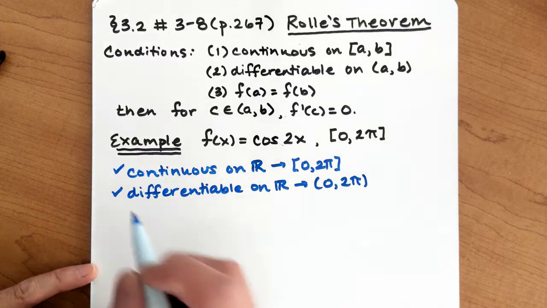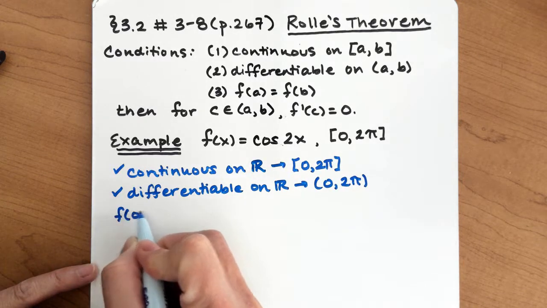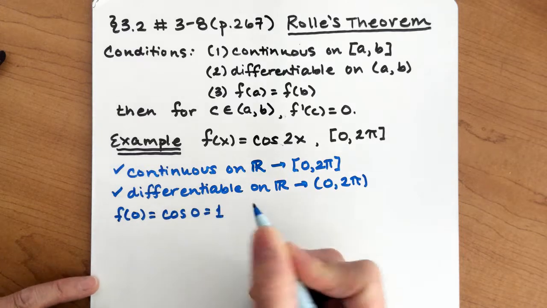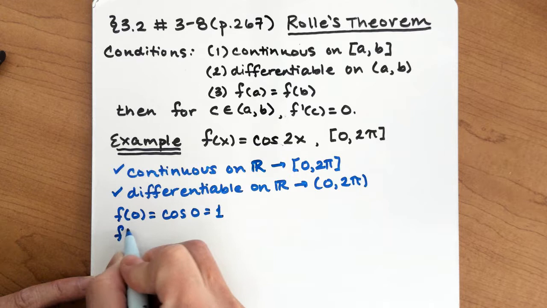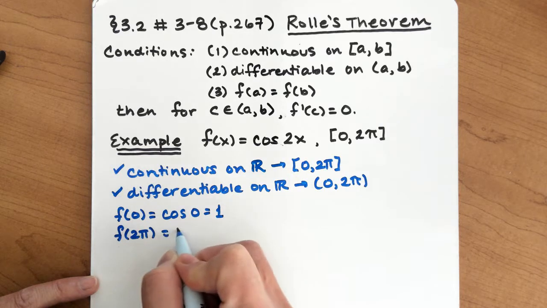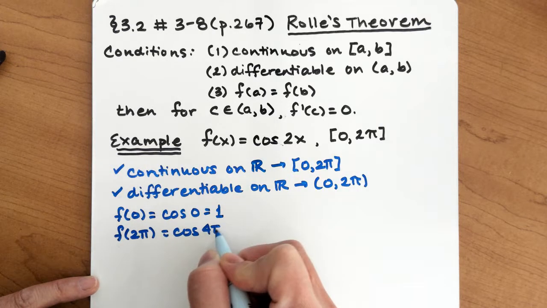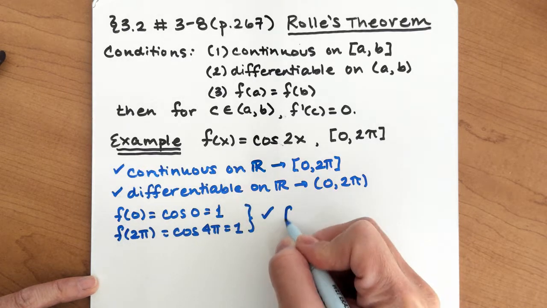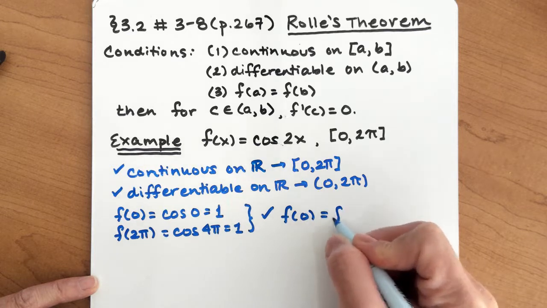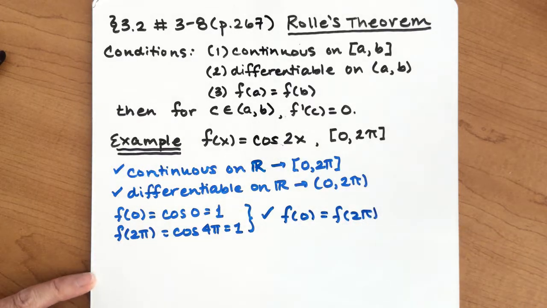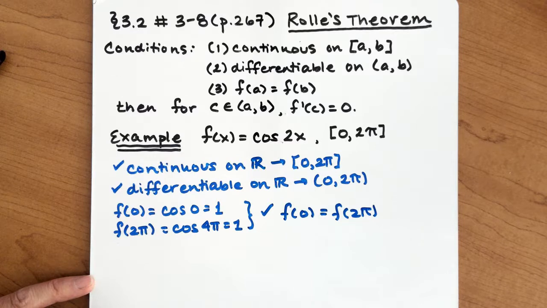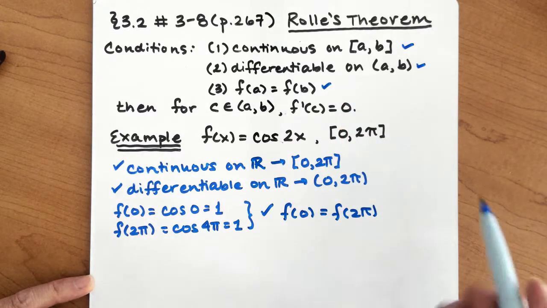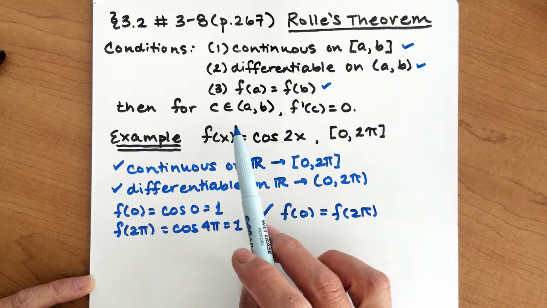And condition number 3, f of 0 is the cosine of 0, which is 1. f of 2 pi is the cosine of 4 pi, which is also 1. So, check, f of 0 equals f of 2 pi. So, my three conditions have been met: 1, 2, 3. And now I'm going to find the value or values.